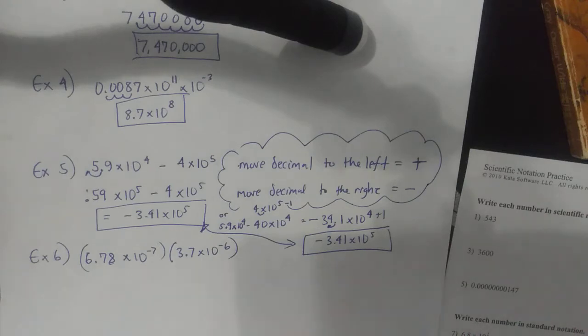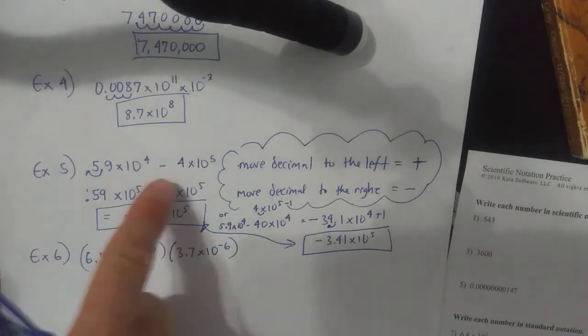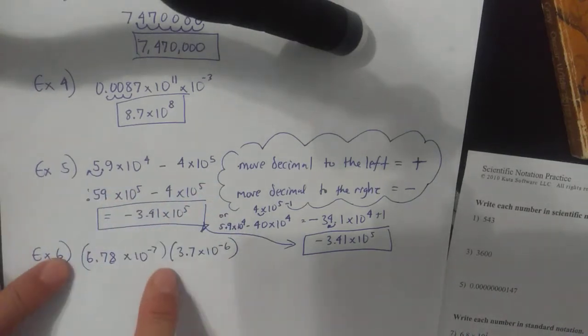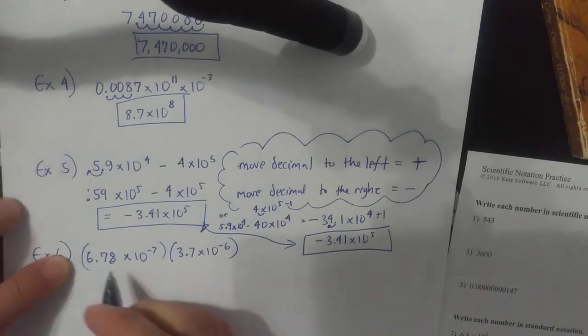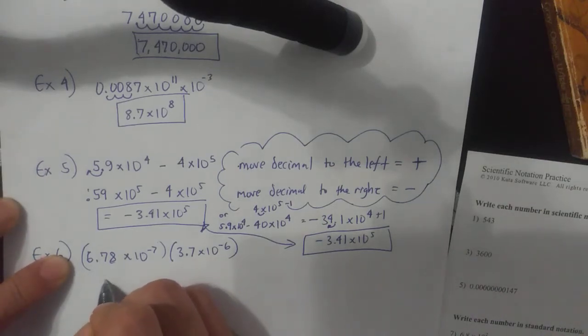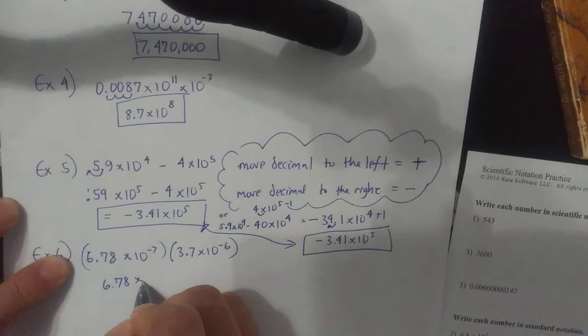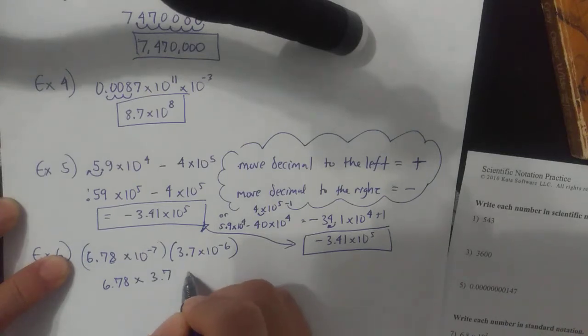And then the last one, these are a little bit easier. So this adding and subtracting is kind of hard, but this multiplication is pretty easy, because all you have to do here is multiply the coefficients first. So 6.78 times 3.7.